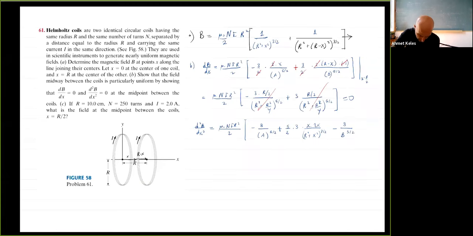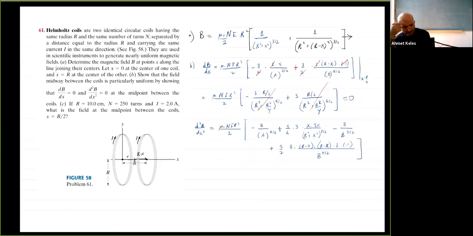And finally, plus 5 over 2, 3 times (r minus x) times (r minus x) times 2 times minus 1, divided by B to the 7 over 2.